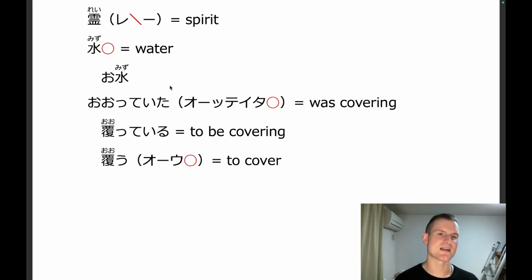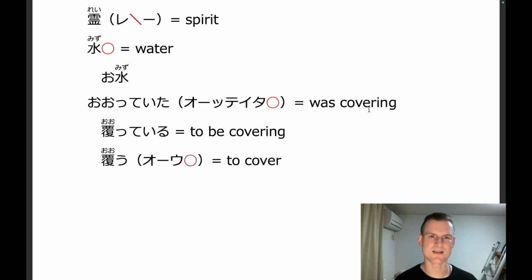We are going to come back to this form of the verb, okay? It's the past progressive. You can look it up if you want to. We will hit this in a future video. Don't worry about that. For now, just know that we have oteiru, which is to be covering. And as we learned in the first lesson, we can change the ru here to a ta to give it the past tense meaning. So oteiru, to be covering.